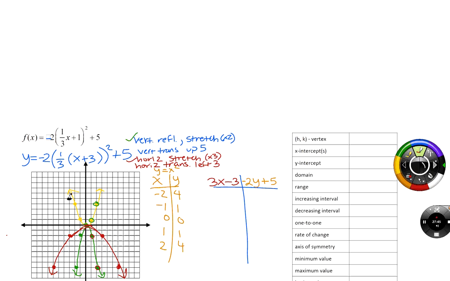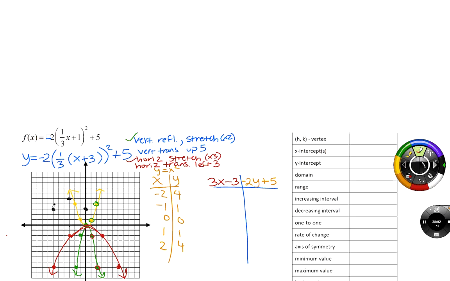And you can either count for all your points, or now that you know this is the vertex, you can replot around your vertex all the points at the right distances. So there should be another point 3 horizontally away and 2 below from the vertex on each side.